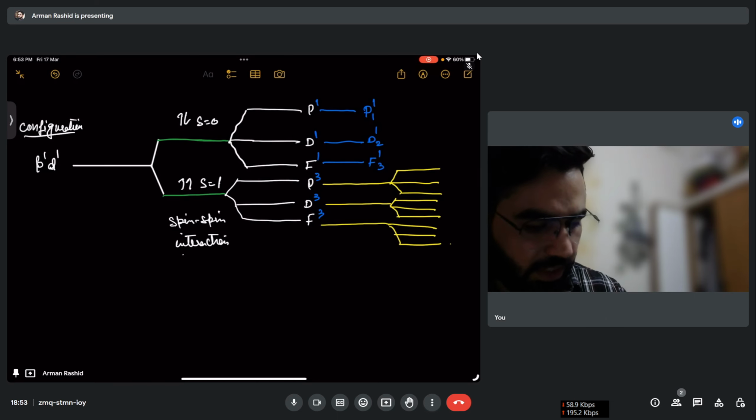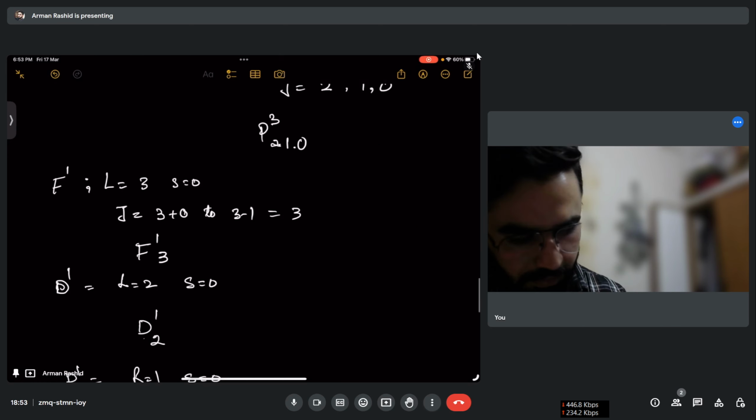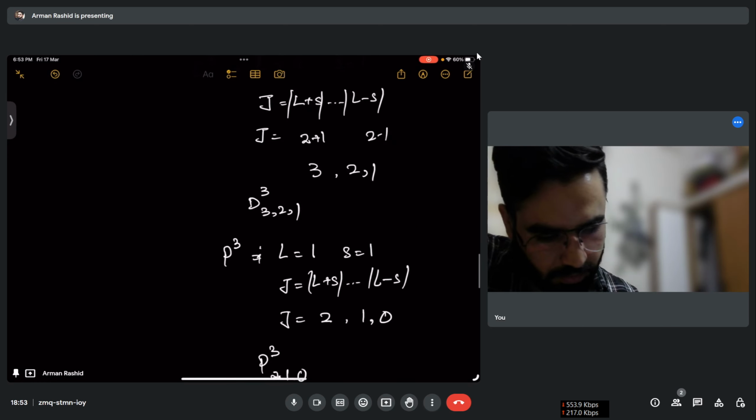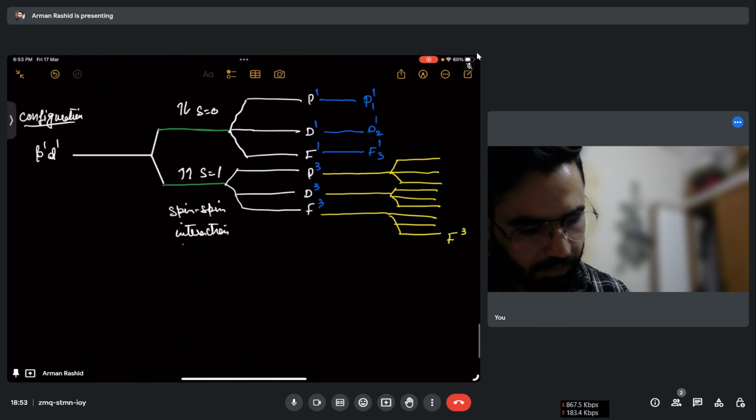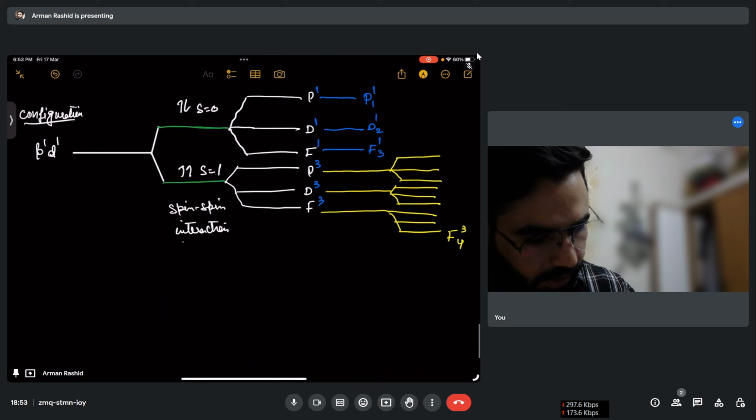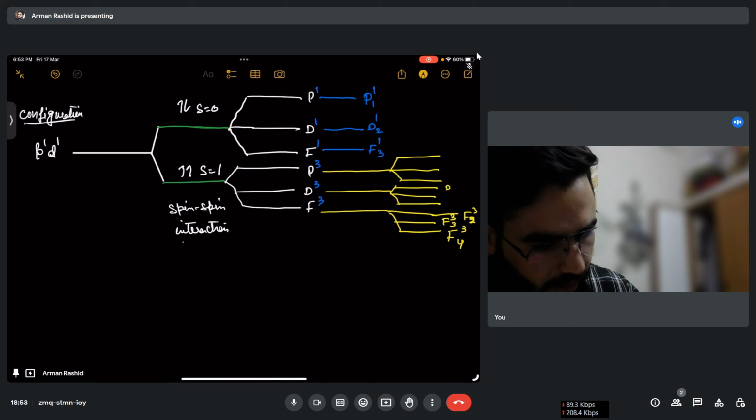So the F states are F triplet: 4, 3, 2. So F triplet 4, then F triplet 3, then F triplet 2. Similarly we have D triplet, D triplet, D triplet. The highest will be 3, then it will be 2.